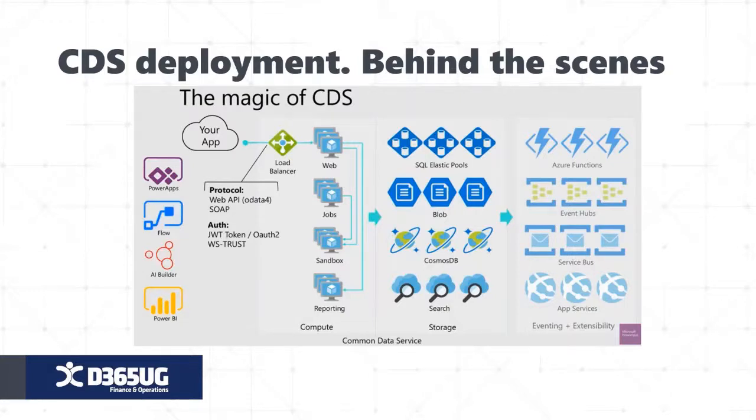But as you can see, CDS is an abstraction on top of the underlying Azure cloud data management services. So CDS is not just data storage. It implements business logic, enforces business rules, and applies automations. All this is to make it easier to build business applications.